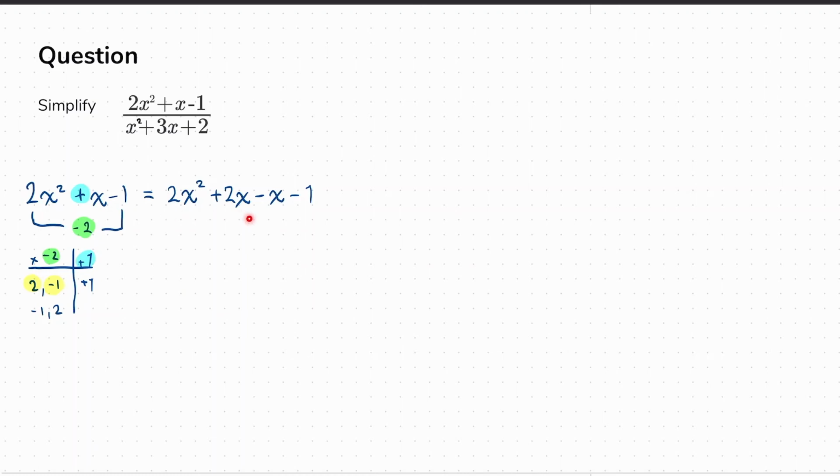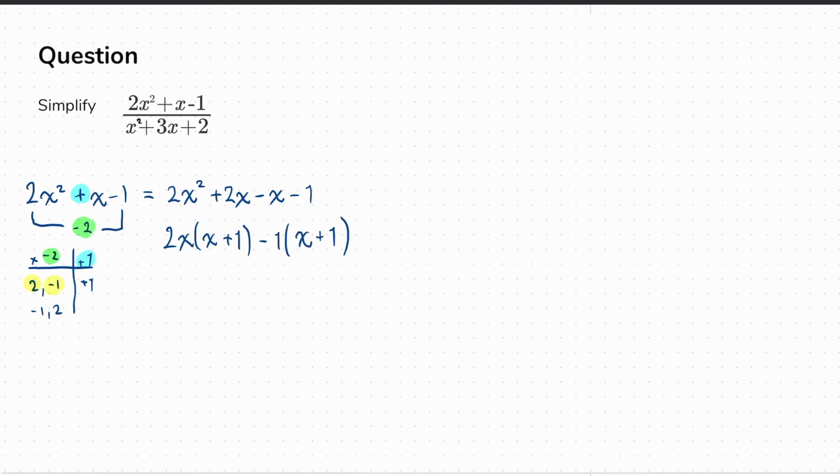Now I can factorize these two terms and these two terms. So the common factor here is 2x, goes into 2x squared x times, and 2x once, minus 1 goes into x and 1. And here we have it.